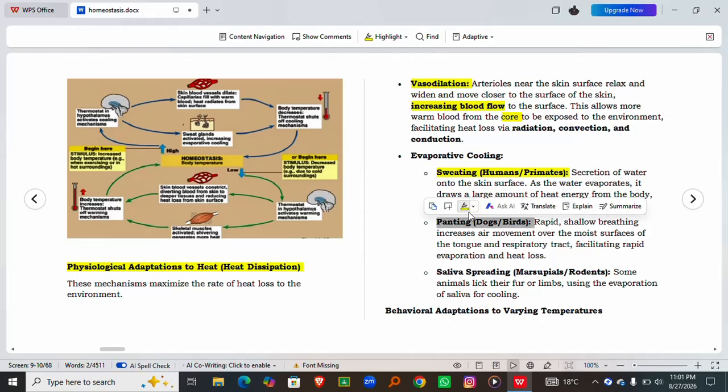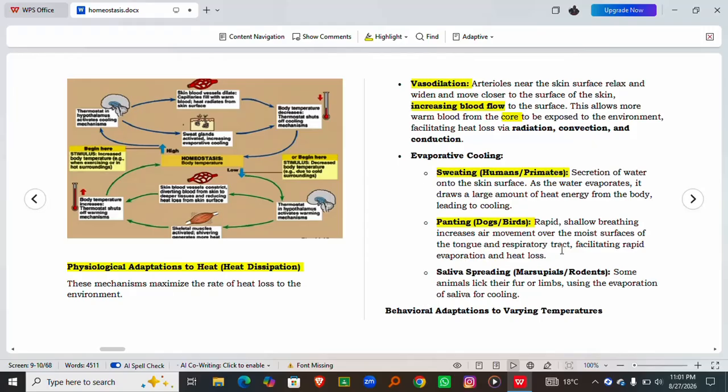Panting, you have seen dogs opening their mouths, birds opening their mouths when it is too hot. This is a physiological mechanism aimed at heat loss, because panting results in shallow breathing, which increases air movement over the moist surfaces of the tongue.